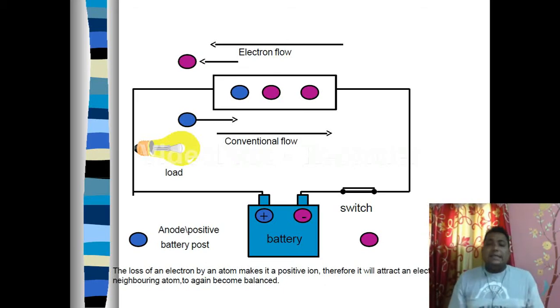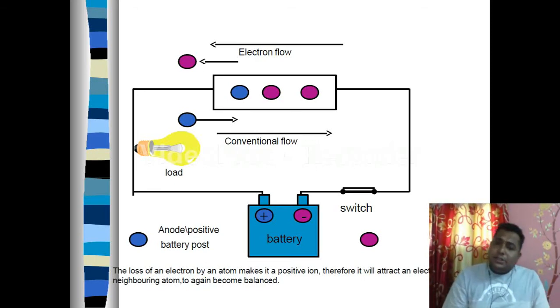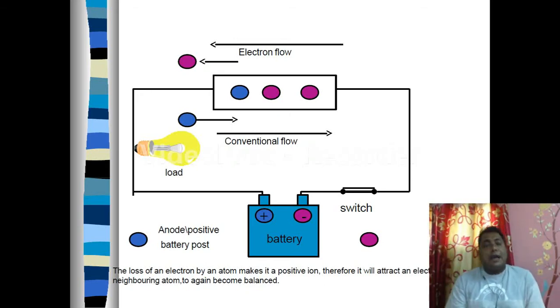As a result, the current will flow from positive terminal to negative terminal, as we know that the direction of current is always opposite to the flow of the electrons. So this is a simple pictorial view of how and why the current is flowing.